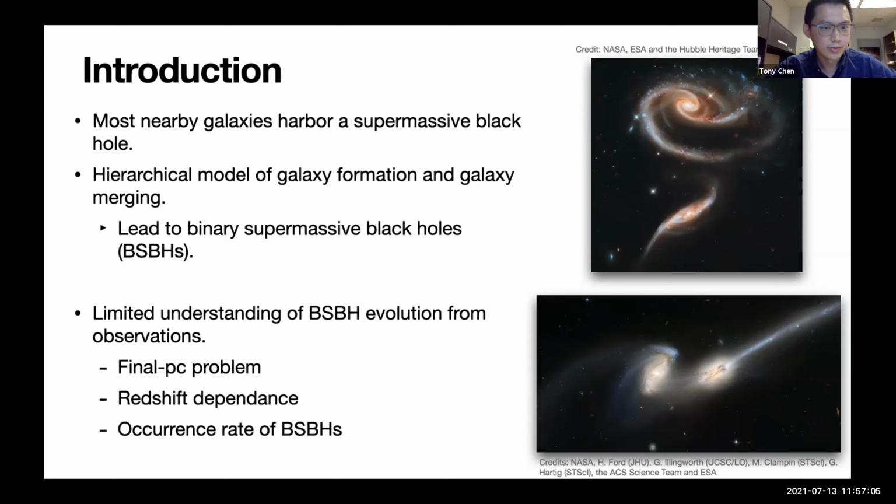However, searching for those binary supermassive black holes is very hard. Understanding them can help us solve several problems, such as the final parsec problem, understand their redshift dependence, and know the demography of those binary black holes.